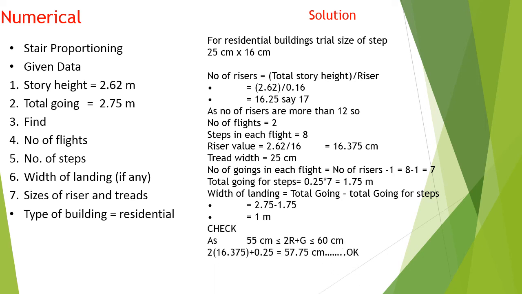Check: 55 centimeter is less than or equal to 2R plus G, which is less than or equal to 60 centimeter, that is 2 into 16.375 plus 27.25 is equal to 57.75 centimeter. So this calculation is found okay.